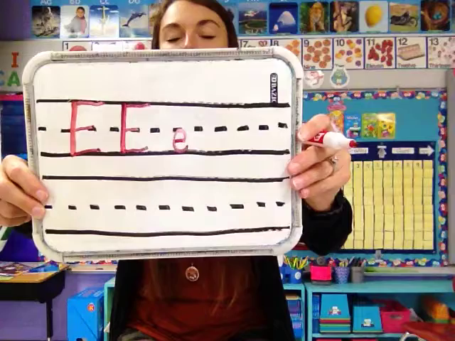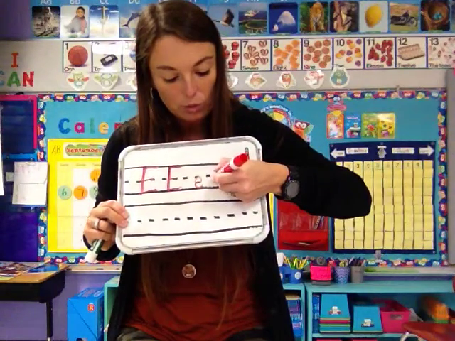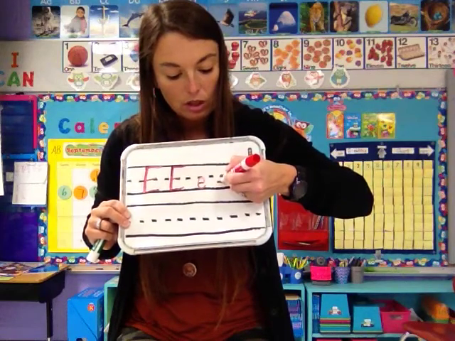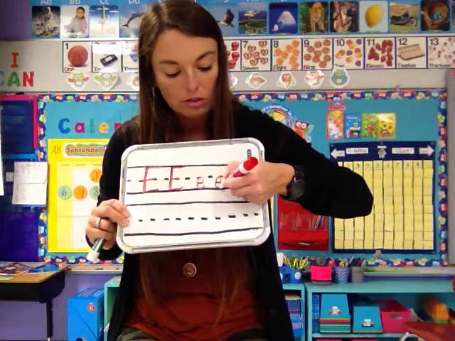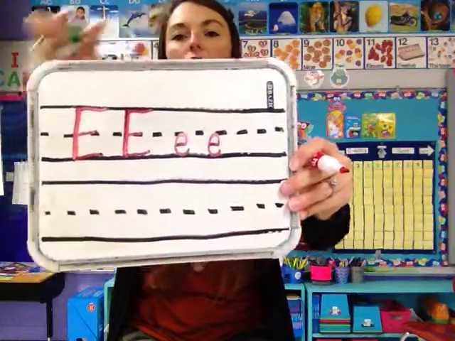Lowercase e stays between the middle and the bottom line. One more time, we're starting in between the middle and the bottom. We're making a line across, go up, touch that middle line, half a circle around to the bottom, just like that. Uppercase E, lowercase e.